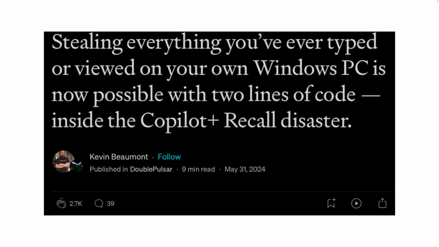So that's one thing. Another thing is that they thought it would be a cool idea if they introduced this new feature called Copilot Plus Recall. And basically what Recall does is, every so many seconds, let's say 30 seconds, it will take a screenshot of what you're working on.